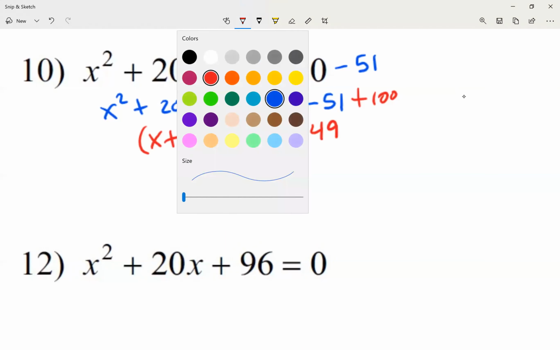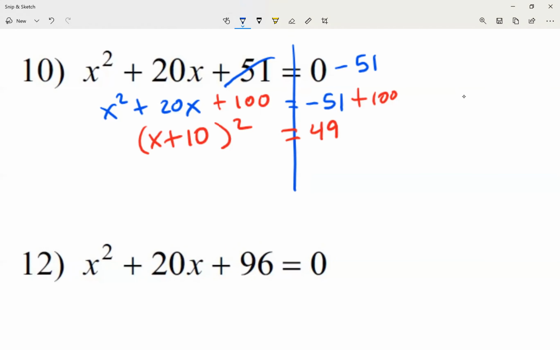Then to get rid of the squared, because x plus 10 all squared, I'm going to do the square root on each side. So that gives me that x plus 10 is equal to positive or negative 7. Right? The square root of 49 is positive 7, but also negative 7. I have to consider both cases.